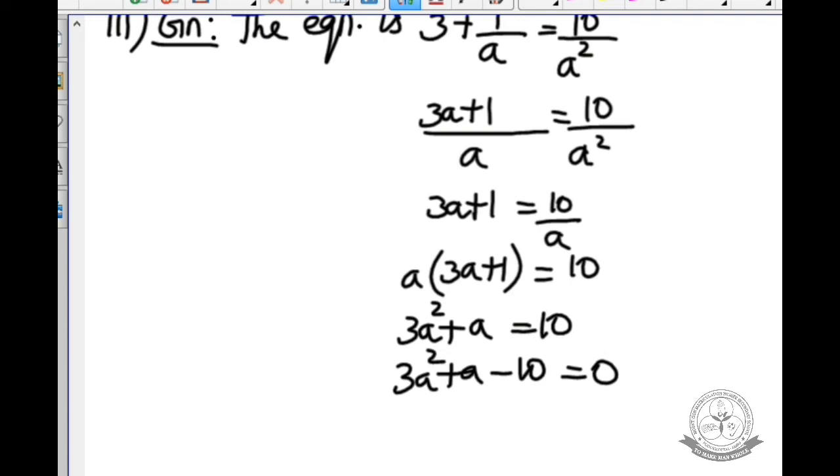It is a quadratic equation in the variable a.